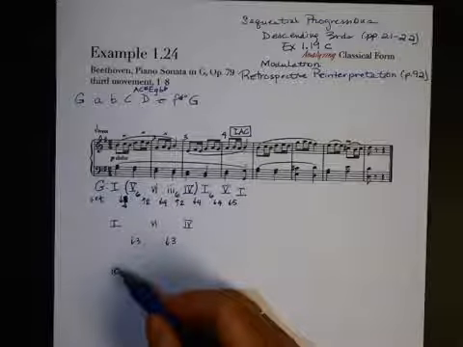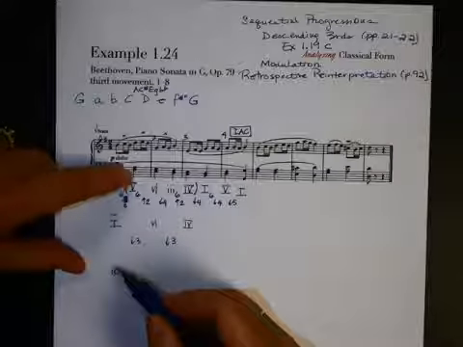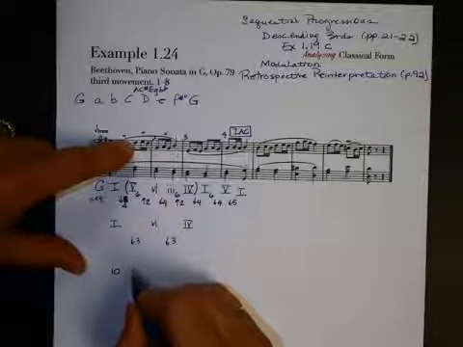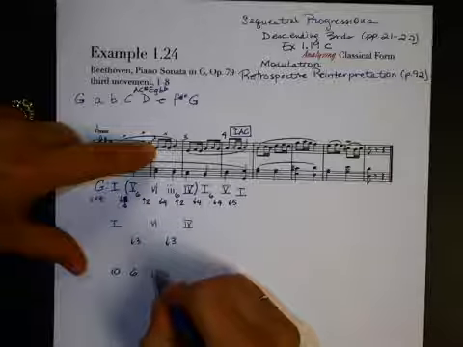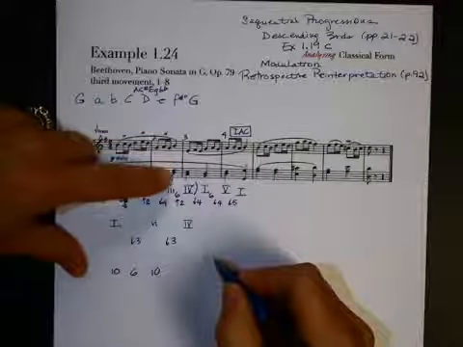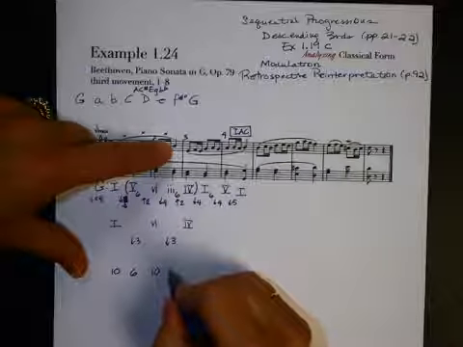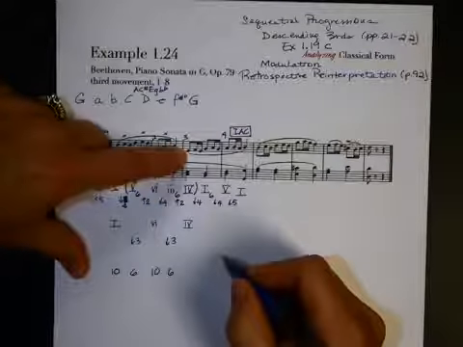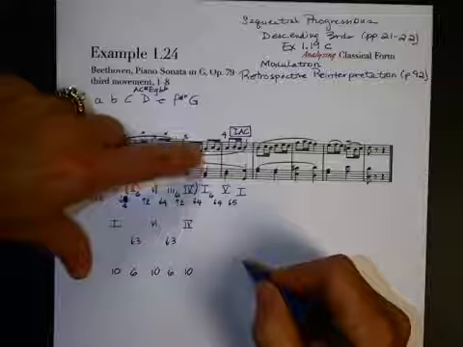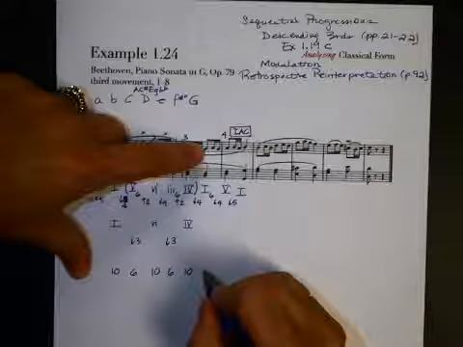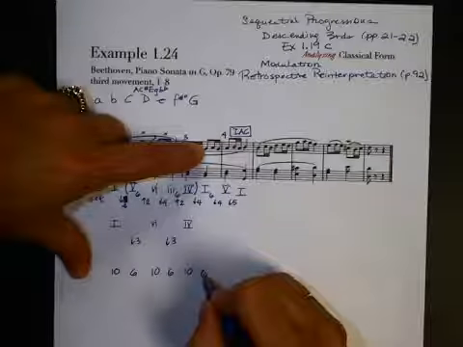Moving on, F sharp to D, that is a 6th. E to G, that's that compound third, we label a 10th. D to B, that is a 6th. C to E, that's our compound third, we label a 10th. B to G, and that's our 6th, and that was our arrival on 1-6.